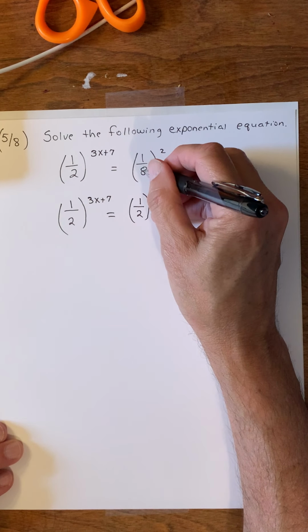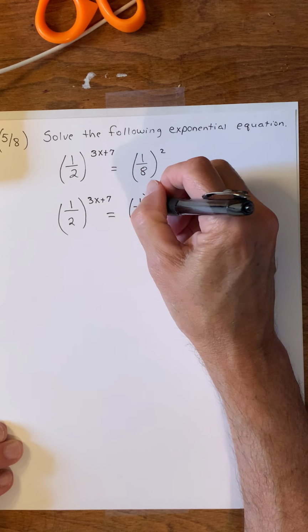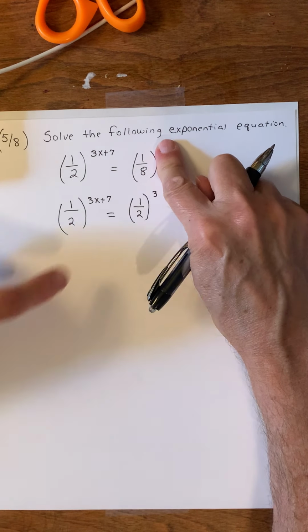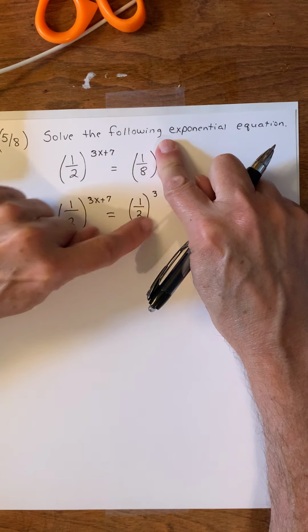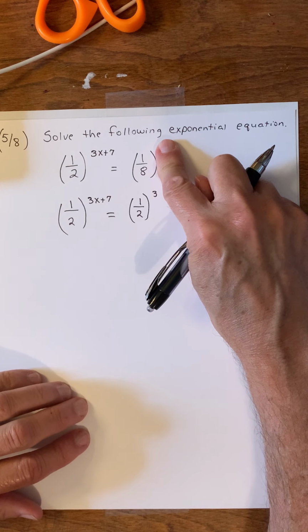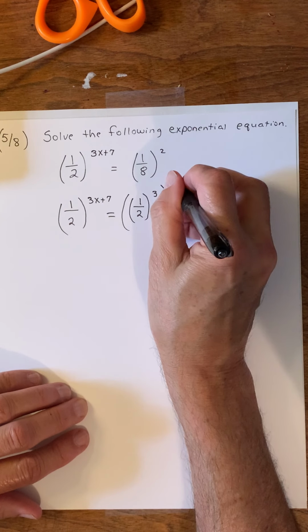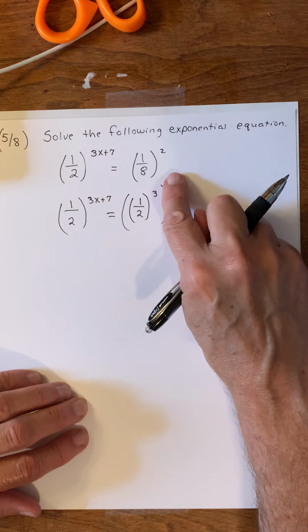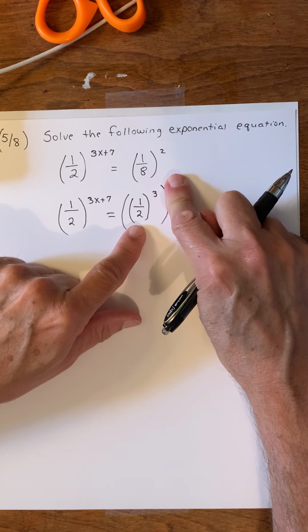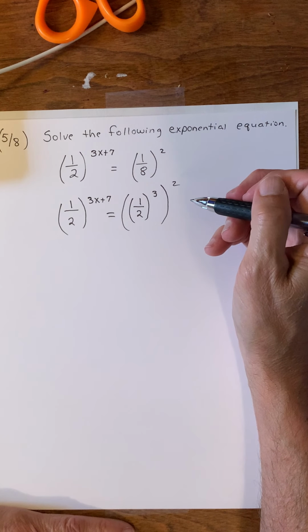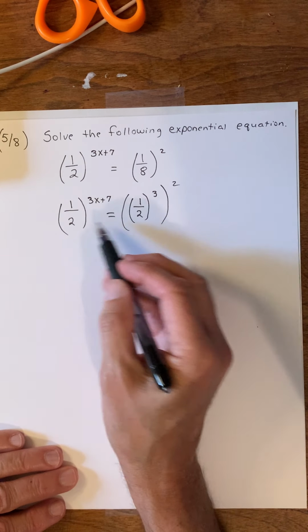So in the place of 1/8, I'm going to substitute 1/2 to the third power. But remember, this is just 1/8 right here. Now I got to take it to the second power. So here's my 1/8, 1/2 cubed. Taking it to the second power, I have exactly what I have here. So I have a common base.